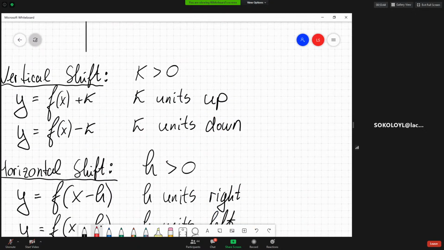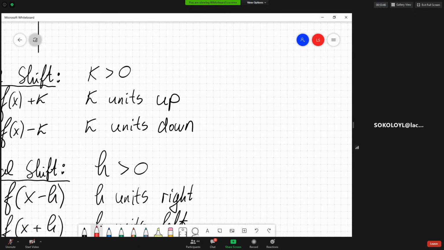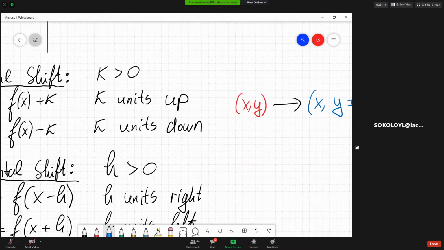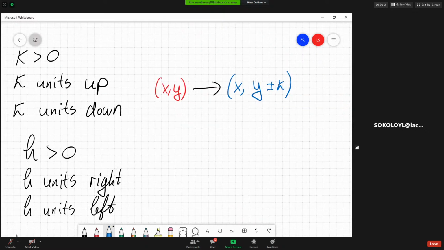So this tells me if I have the original ordered pair, which we will call x comma y, and I apply a vertical shift to it of k units, then my new point is going to maintain the same x coordinate, but the y coordinate is going to get changed. It's going to be plus or minus k.